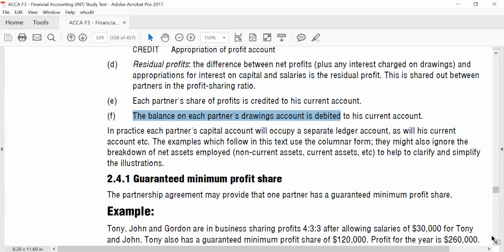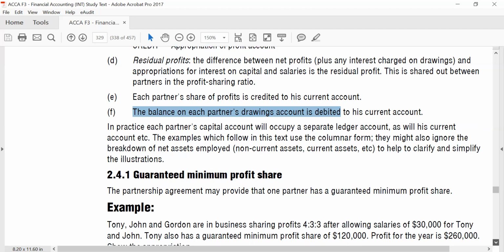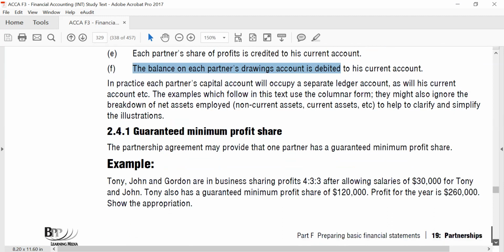Guaranteed minimum profit share. The partnership agreement may provide that one partner has a guaranteed minimum profit share. This is not very common, but it can happen. Maybe that partner is the one that contributed capital to the business, and they dictate that they will always have a minimum profit share despite the current profit sharing ratio or despite the amount of profit that the business has earned.